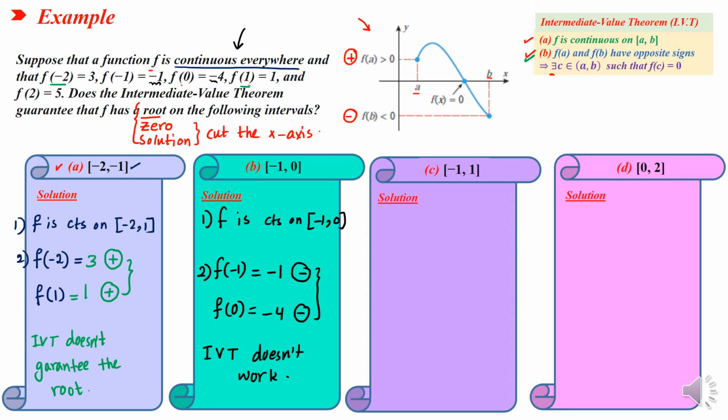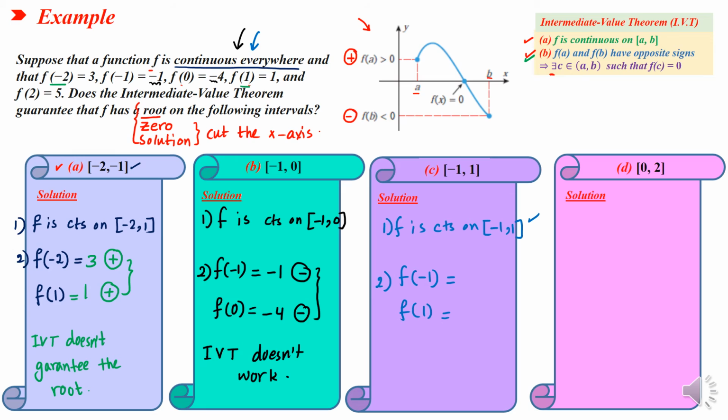Now in part C we have the interval from -1 to 1 with the same procedure. f is continuous everywhere from the question, which means f is continuous on the closed interval from -1 to 1. So the first condition is satisfied for the function f. Secondly, you have to check the signs of f of -1 and f of 1, the endpoints.